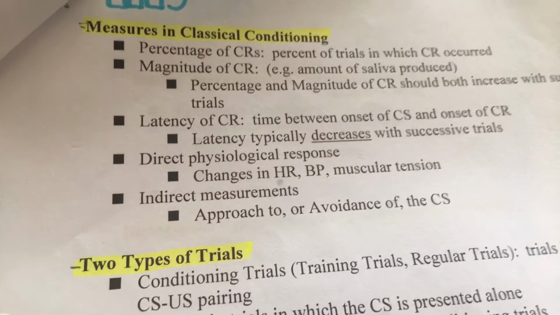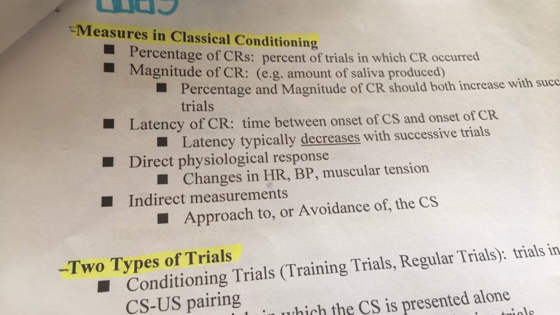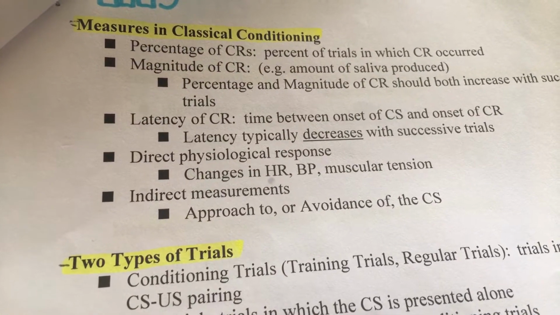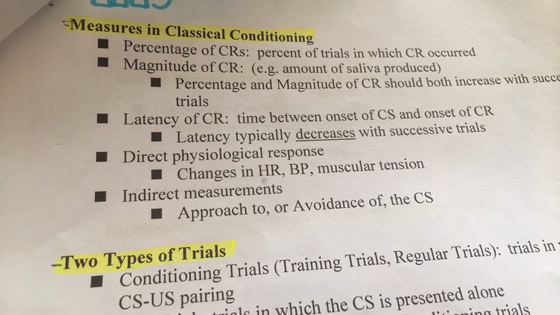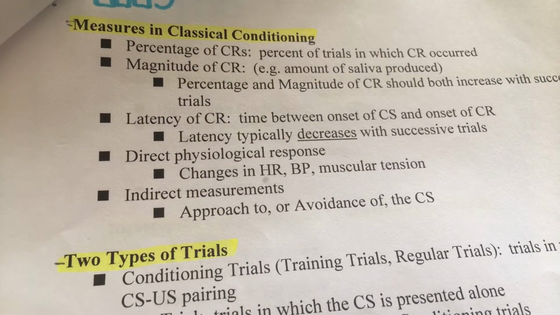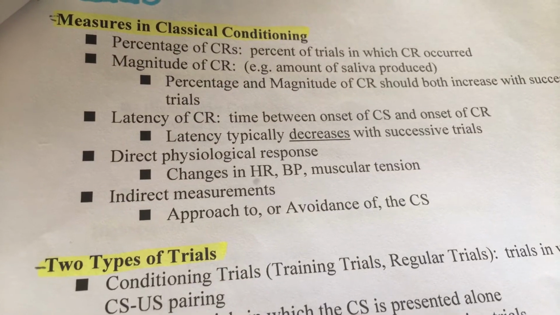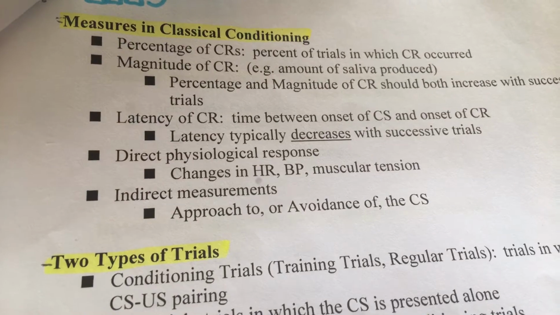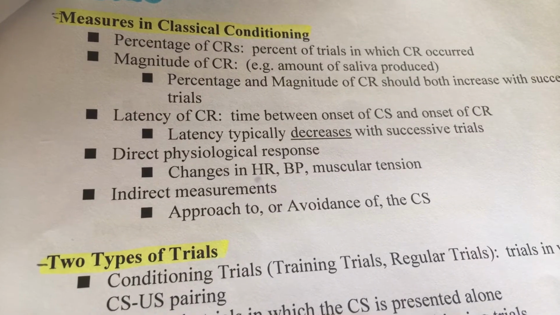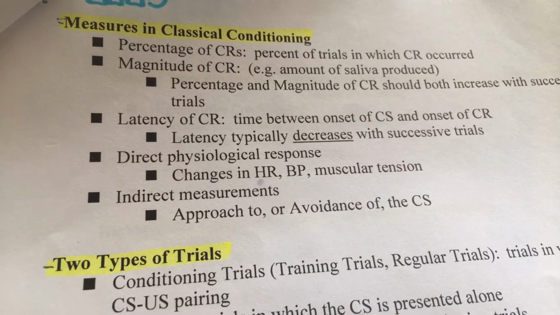Magnitude of the conditioned response. What is the amount of saliva that's being produced? Whether it be saliva, it's a directly measurable component. And, more training equals more drool. This is percentage, magnitude. You should both increase. You should see more of it. That's important. It's an important distinction.